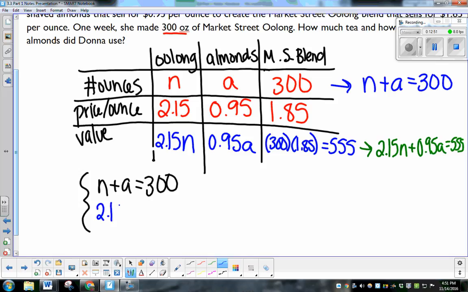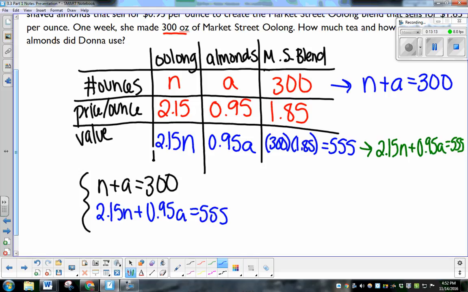And here's my other equation. 2.15N plus 0.95A equals 555. All right, so I'm going to do the same thing I did last time. Let's multiply this bottom equation by 100 to move that decimal place 2 spots, just to make it look a little nicer.